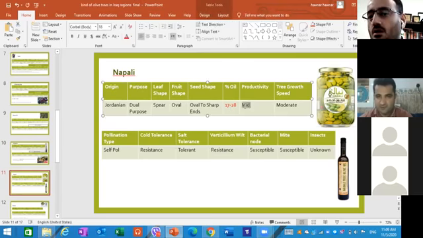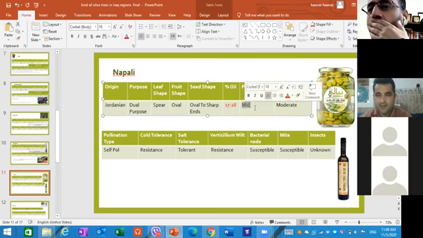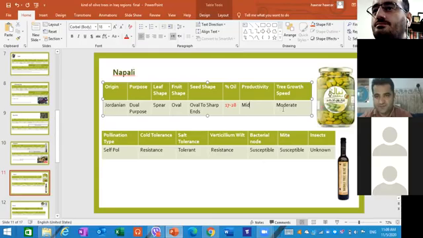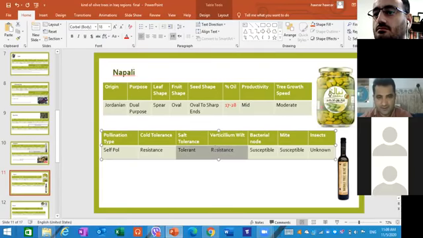Productivity is medium, and tree growth speed is moderate, and it is also resistant to botulism and cold, and susceptible against bacteria and mite. And finally, the pollination type is self-pollination.